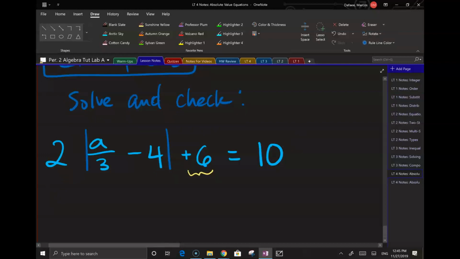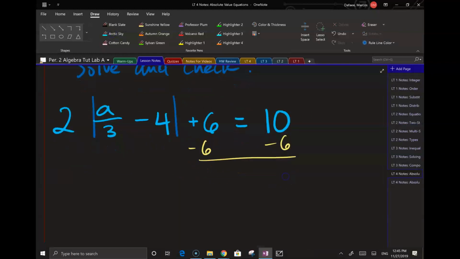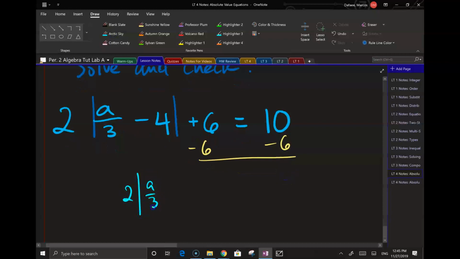So I'm going to undo the addition of 6 by doing subtraction properties on both sides. Okay, so what I get is the following. I still have this, so I'm going to just bring this down, but now I have 10 minus 6, which is 4.